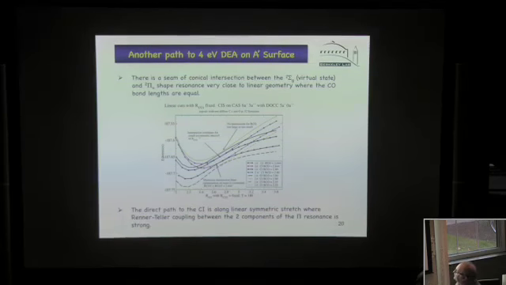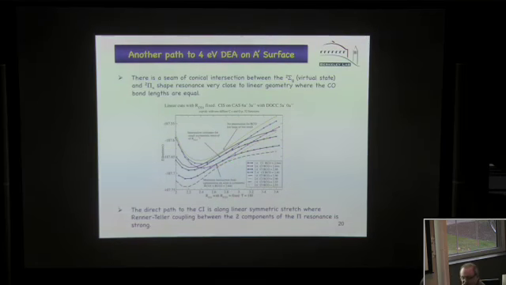Now, there's another possibility. There's also a path to dissociation via the 4-volt resonance that involves the only other component of the negative ion which can reach the asymptote, and that's the virtual state. And we have also found the seam of conical intersection between the doublet sigma g virtual state and the shape resonance. And there it is out there.